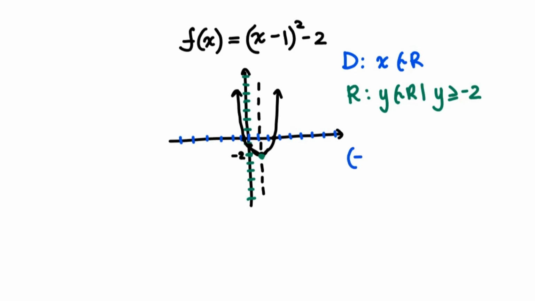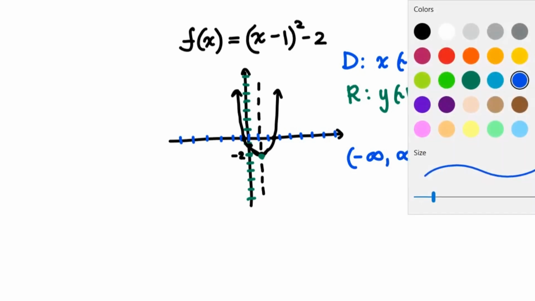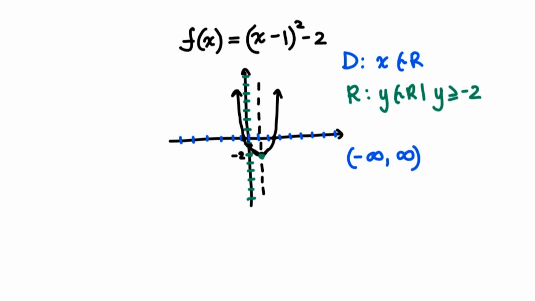The domain would still be going from negative infinity to positive infinity. There are no restrictions on the domain, but the range will be going from -2, including -2, so I will have a square bracket around the -2 and up towards positive infinity indefinitely.